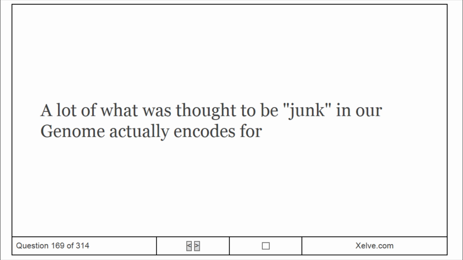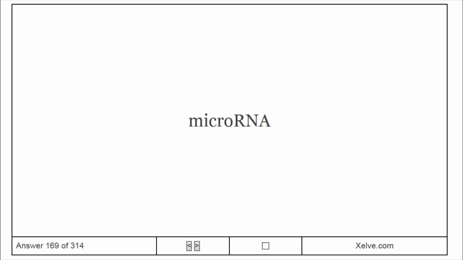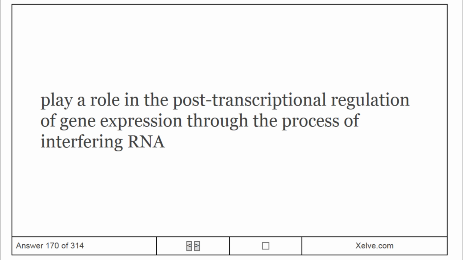A lot of what was thought to be junk in our genome actually encodes for microRNA. MicroRNAs play a role in the post-transcriptional regulation of gene expression through the process of interfering RNA.